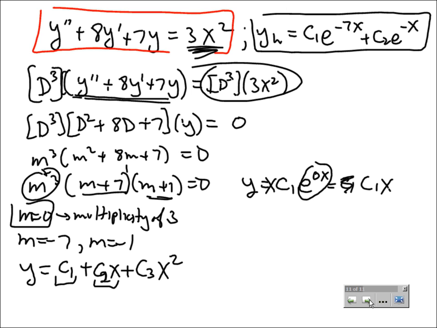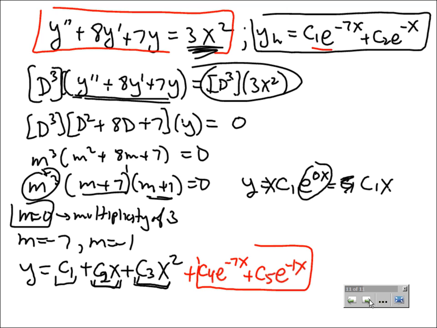Change the constant. Multiply it by x again. X becomes x squared. Plus c4e to the -7x plus c5e to the -1x. But these I already have.